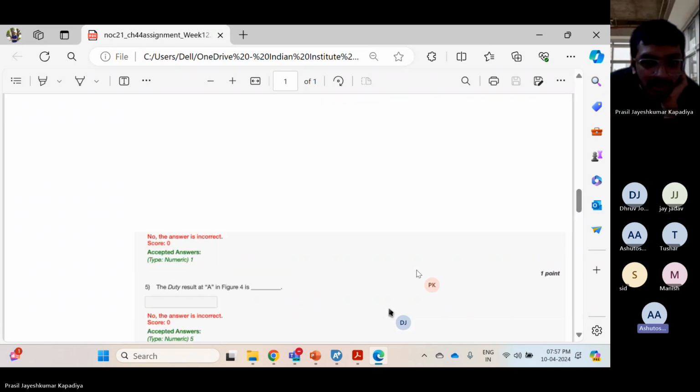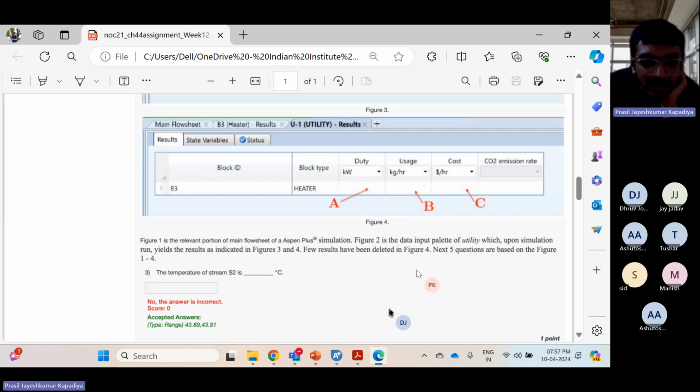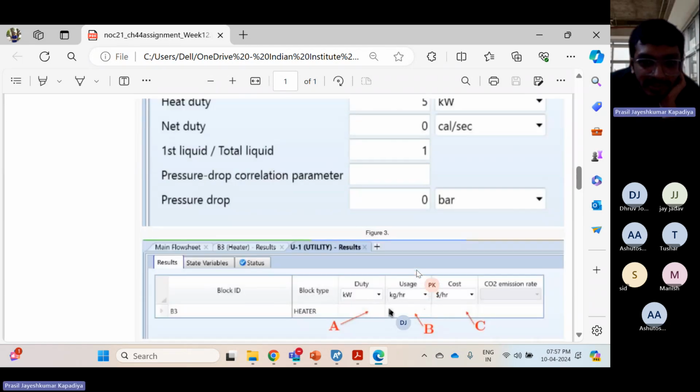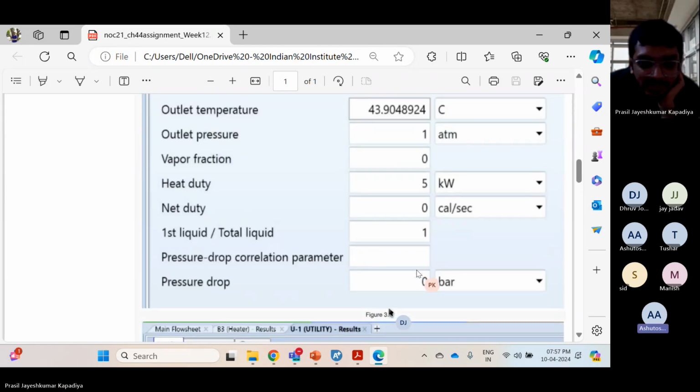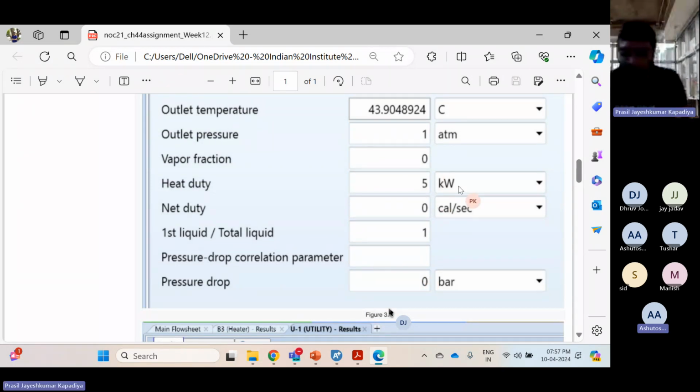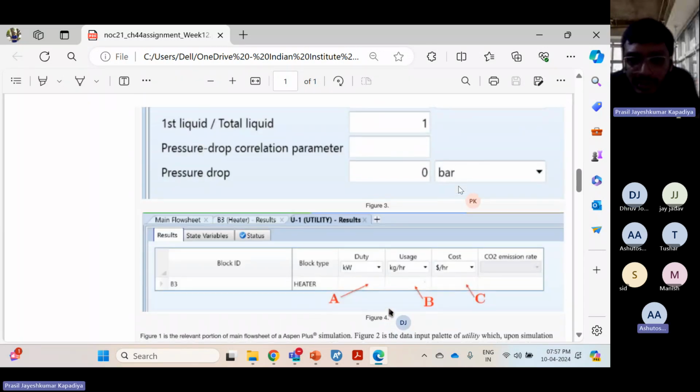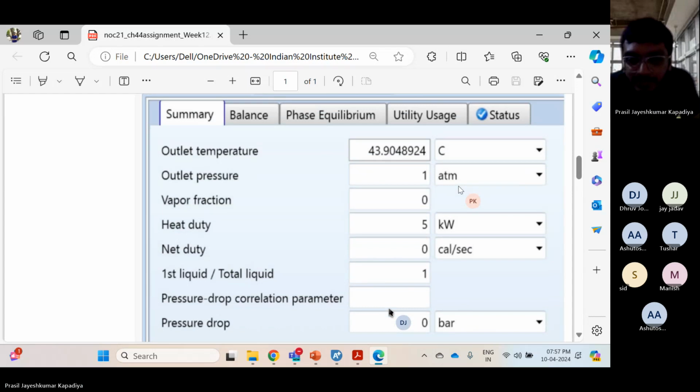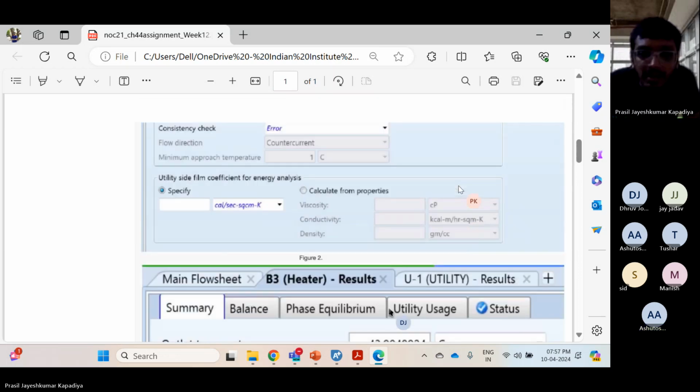I think that heat duty we have to divide by the utility heat value, that is 50 megajoule per kg, something like that was given in the utility.